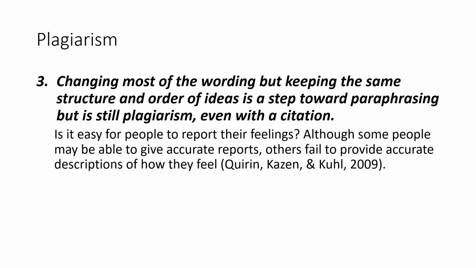Although some people may be able to give accurate reports, where before it said, whereas many individuals may be able to describe their affective states, others fail to provide accurate descriptions of how they feel, whereas before it was others may provide self-reports that deviate. It's essentially the same thing, just with words changed in each sentence. You don't necessarily have to change up the full structure, but it can't be almost verbatim with different words. So again, that's plagiarism as well.